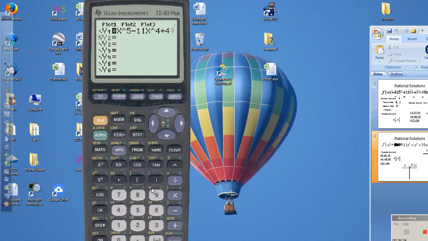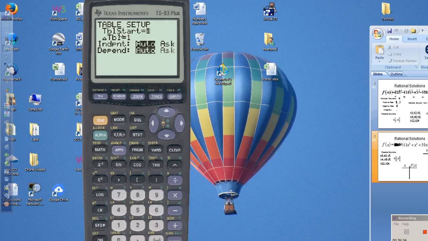Plus 49 x to the 3rd. Okay, so once you have it all entered in, we're going to go to table setup. So we're using our table. So table setup right there.